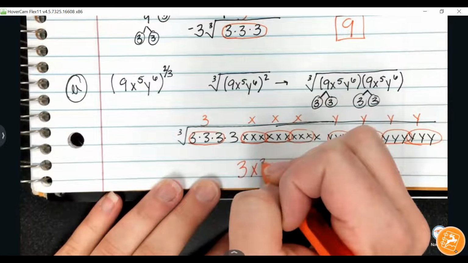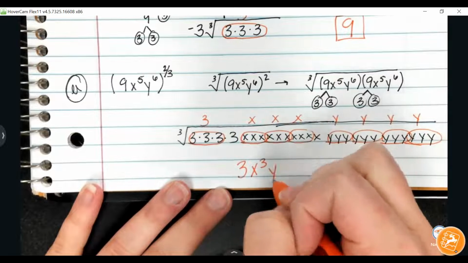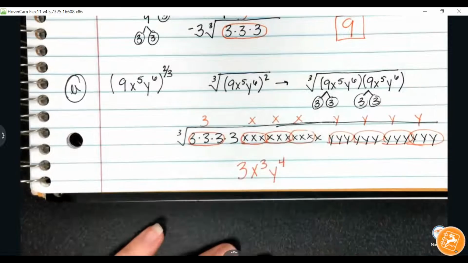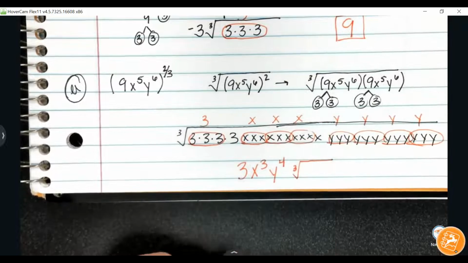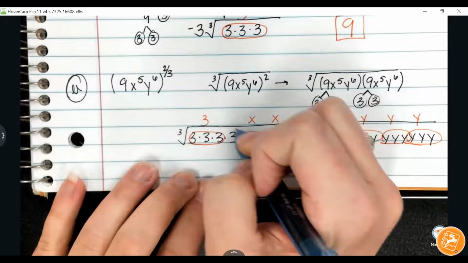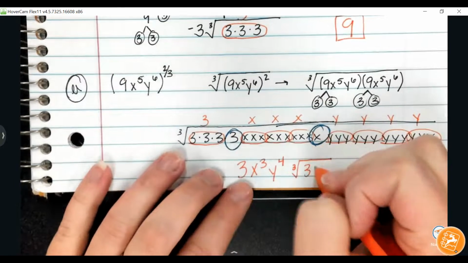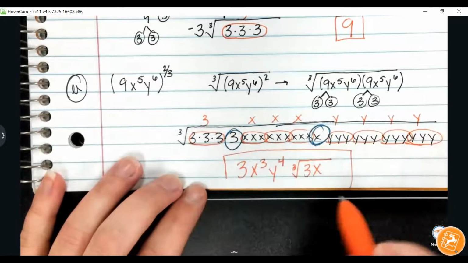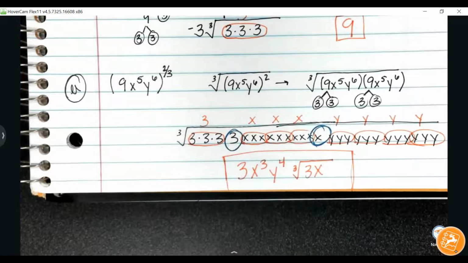Very good. How many y's are outside? 4. So how do I write that? Y to the 4th. Then I keep my cube root. What's left inside my cube root? A 3 right here and an x right here. Very good. 3x.